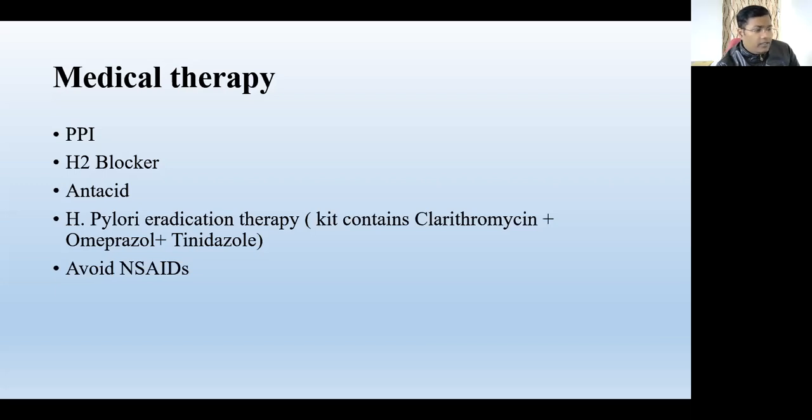Means if the patient is taking these drugs, then it reduces the acid secretions in the stomach, so that the ulcers are not developed. Hyperchlorhydria is avoided, so the gastric mucosa is not damaged and ulcers are not developed.